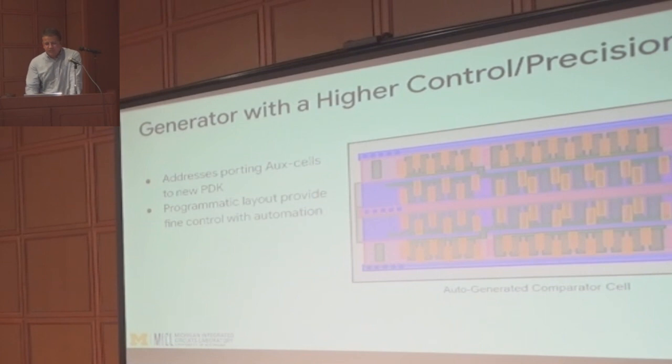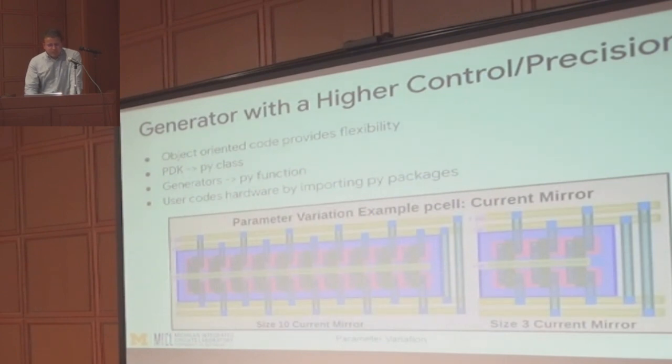We're trying to address this by using GDS Factory and Python-based scripting. GDS Factory provides a framework for programmatically building layouts with object-oriented code. The main advantage is to keep cell generation software independent of the PDK. Actually, this cell here is in SkyWater 130, but if you change the PDK, which is a class, you can generate the same layout for GF180.